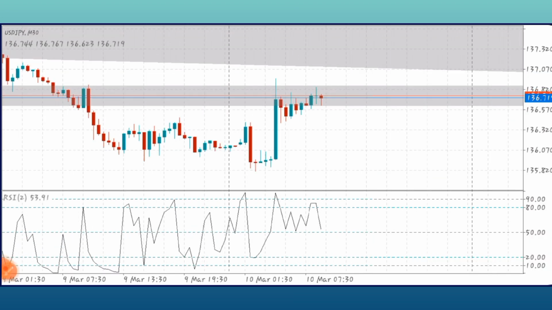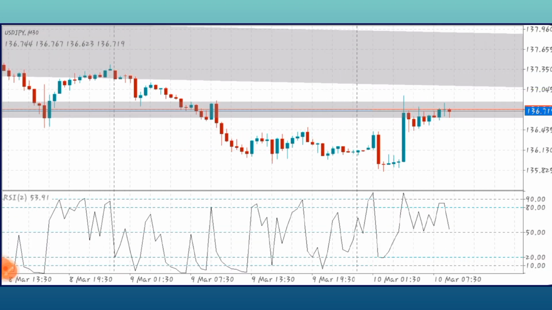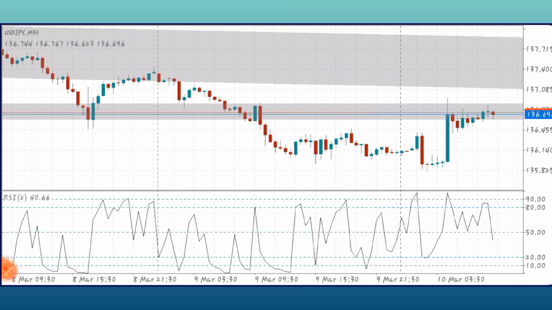Now, having identified the overall trend under the 1 hour time frame, I then change it to 30 minutes time frame because I'm going to make my entry under the 30 minutes time frame.